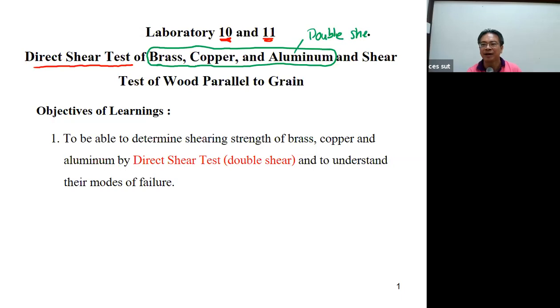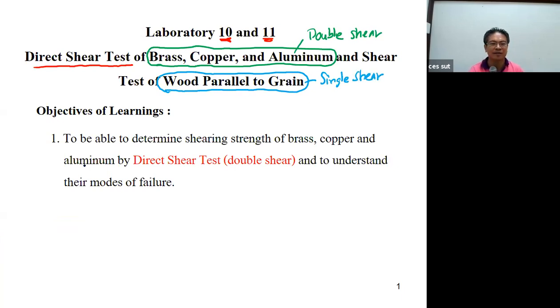You know double shear, right? And next one, we have the wood. However, the wood, we're going to test it in single shear and in the parallel to grain direction.